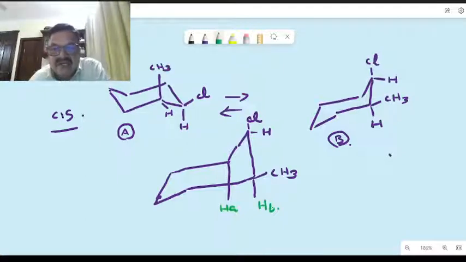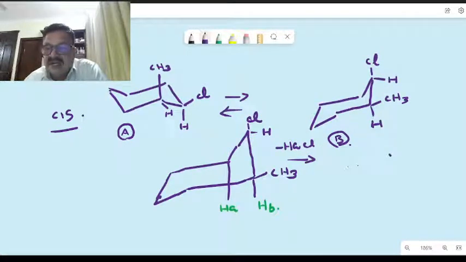Now, if this HA and chlorine react, there is elimination, which means minus HACl. What is the alkene being formed here?